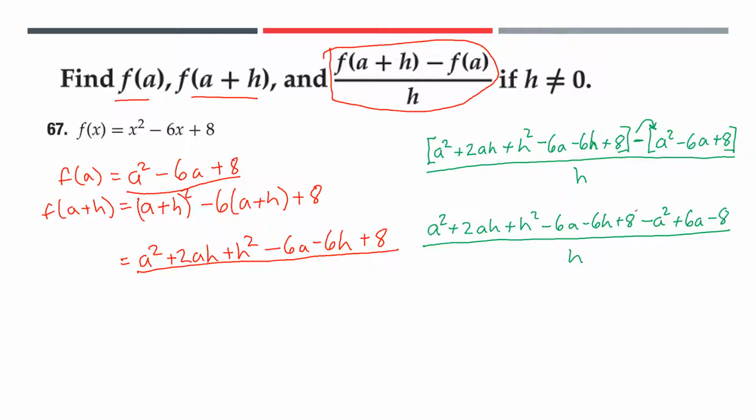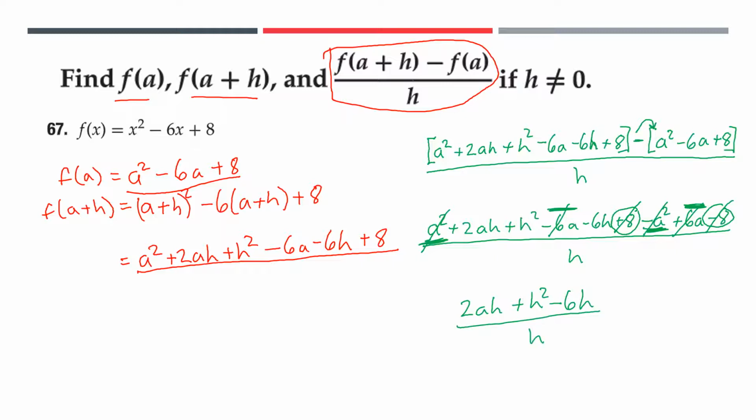Well, this 8 and this 8 will cancel, and they just go away. This a squared and this a squared will cancel, and they go away. This 6a and this 6a cancel, and so they just go away. So I am left with 2ah plus h squared minus 6h all over h.